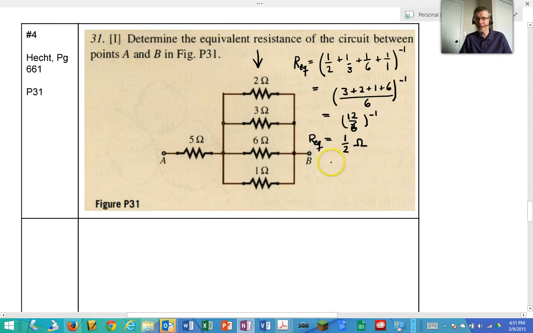This double checks: the equivalent resistance of parallel resistors is less than any one resistor.